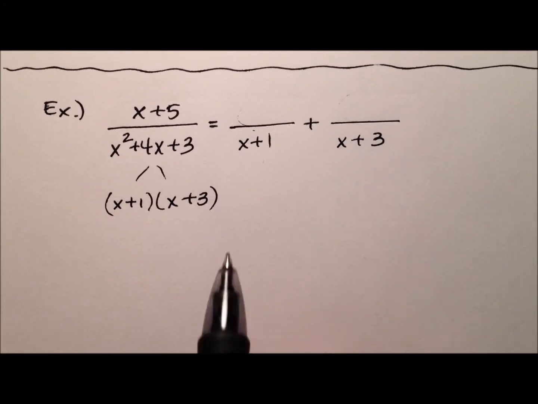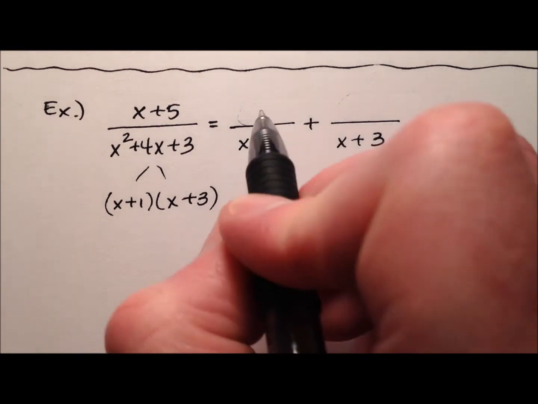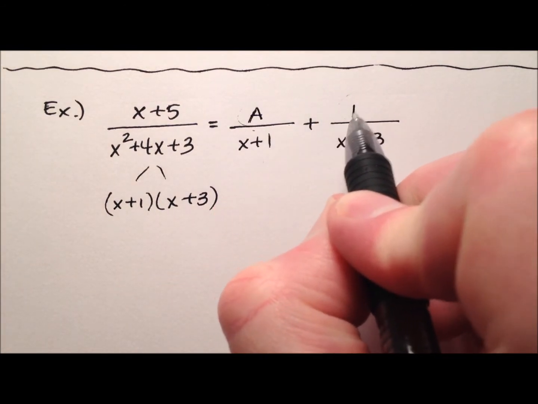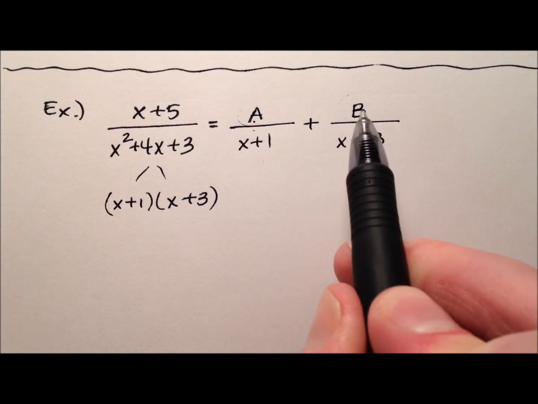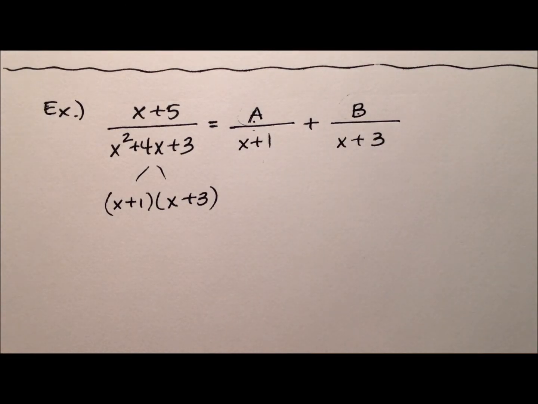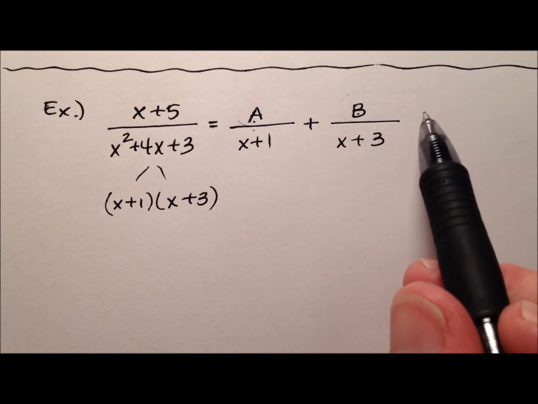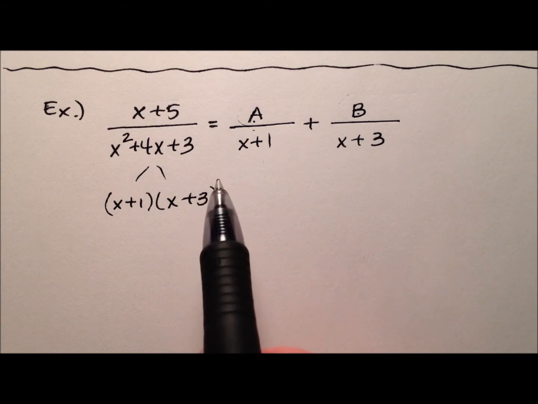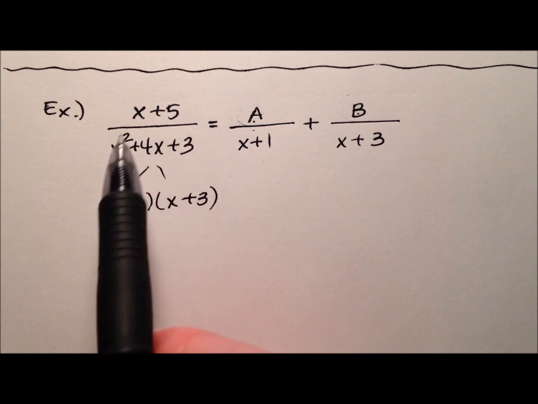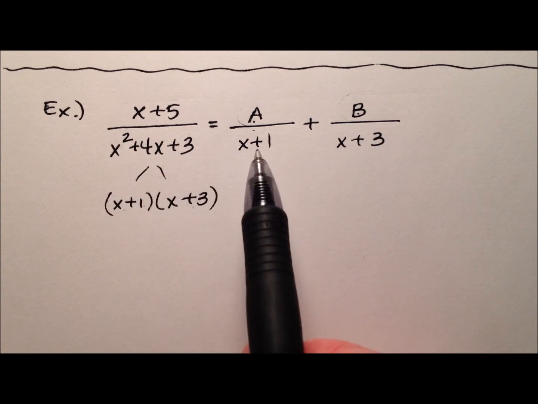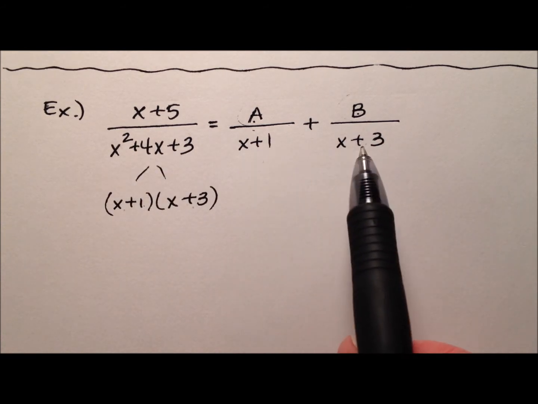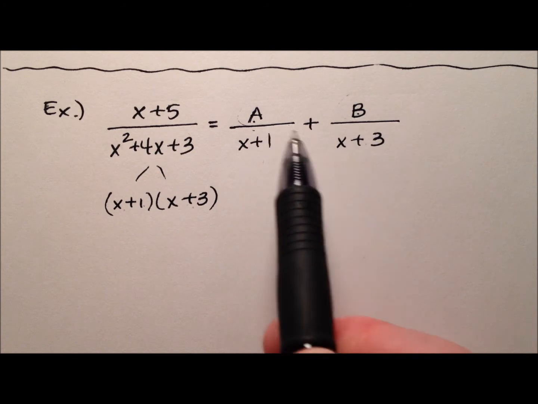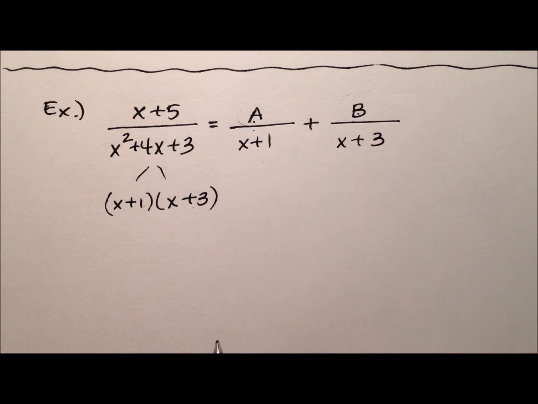Whenever we have linear factors down here, all we need is a constant, so I'm going to put A and B. If we have more than 2 terms, obviously C, D, E, and I'll work it that way. So you start out by factoring the denominator, and each of these factors gets to be its own denominator. Since they're linear, I'm just going to put an A and a B for the constants up there. That's how we're going to start.